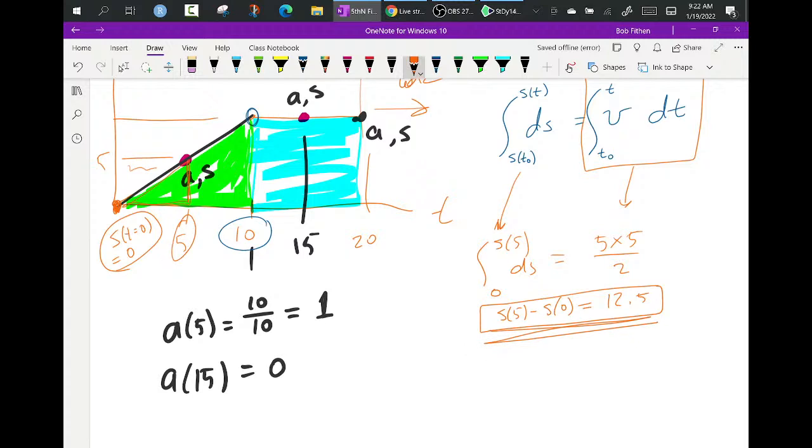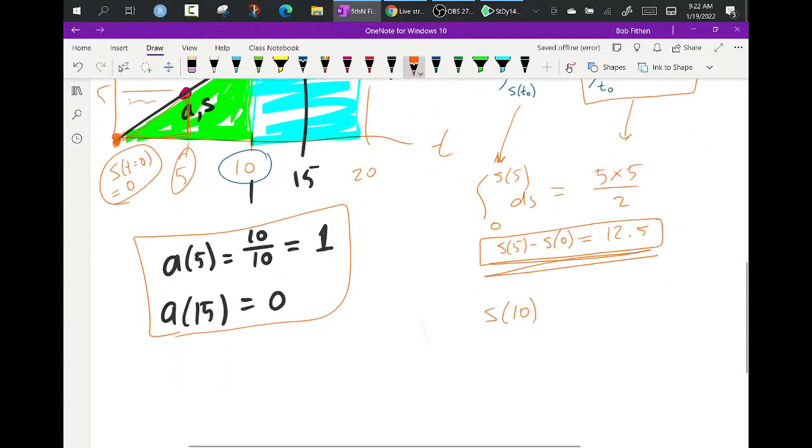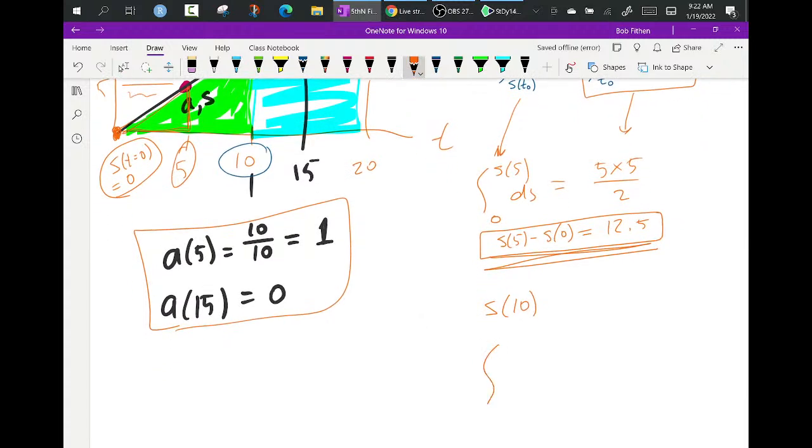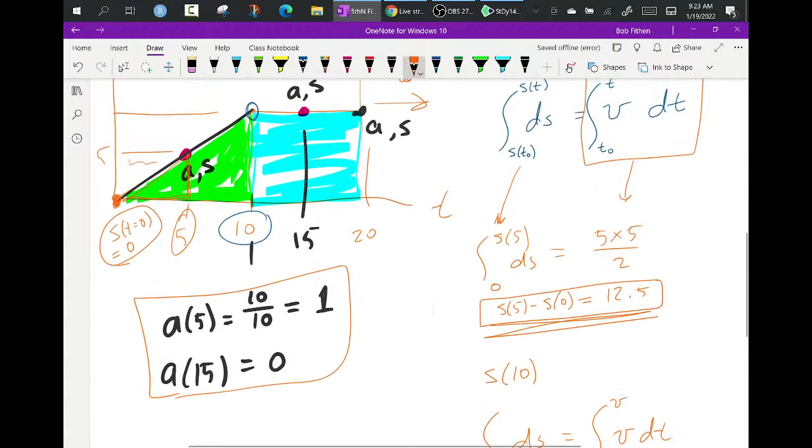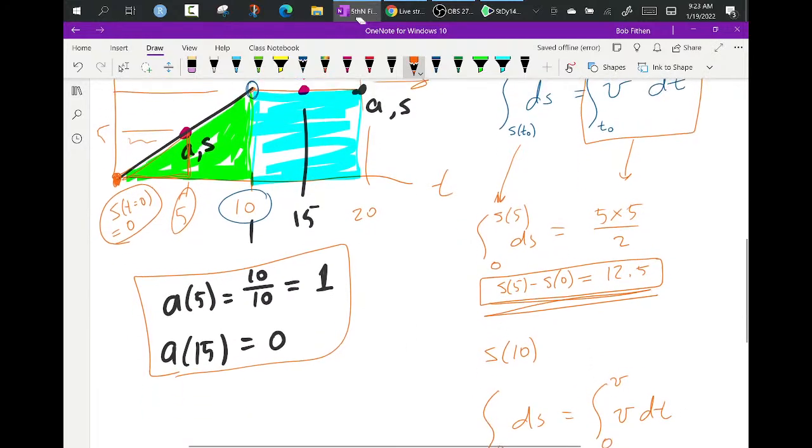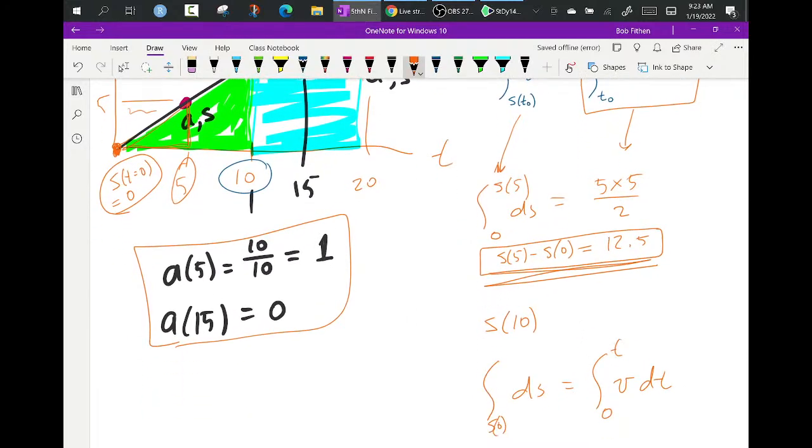Now, I didn't ask this question, but let's ask this question. What's the position at 10? Now, you have two choices here. You can start from zero, s at 0, and then velocity, time, and s at the time.